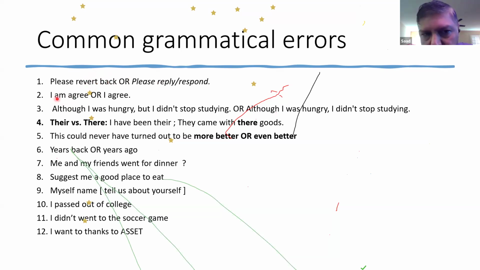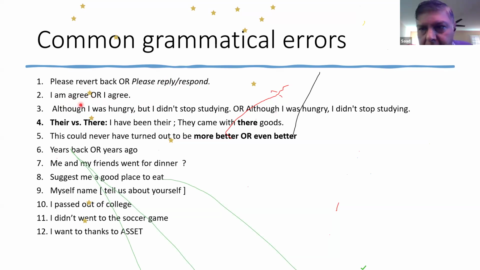Okay, next one. I am agree or I agree. I hear this so much. Yes, sir, the correct phrase is I agree. I agree is a statement that expresses acceptance. I am agree is grammatically incorrect.